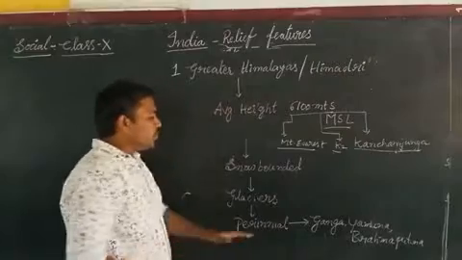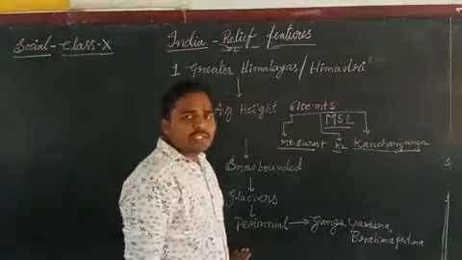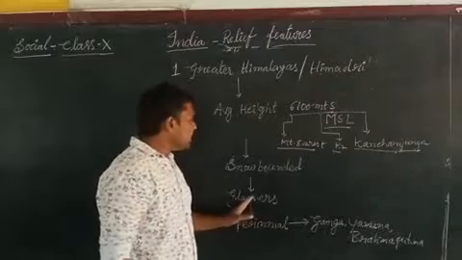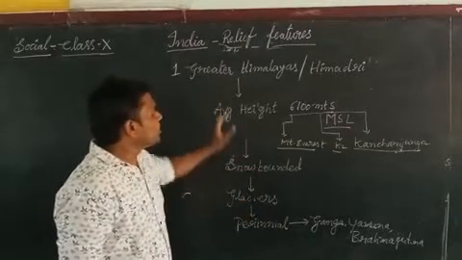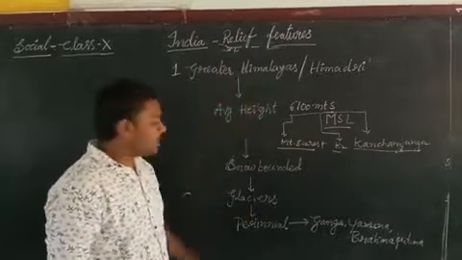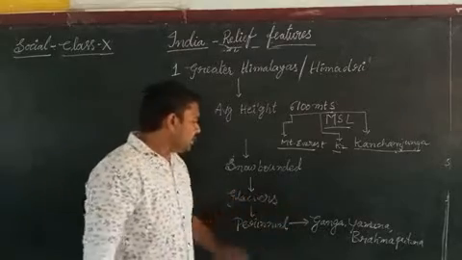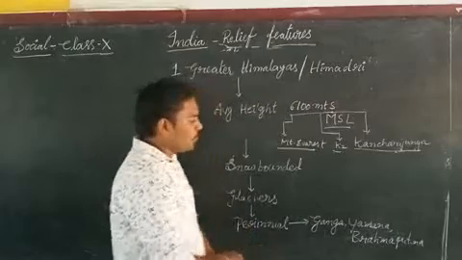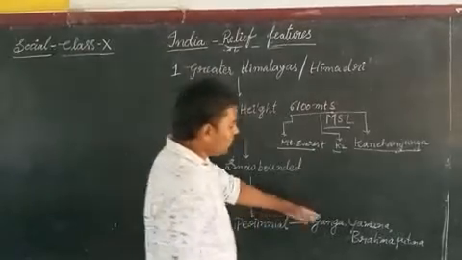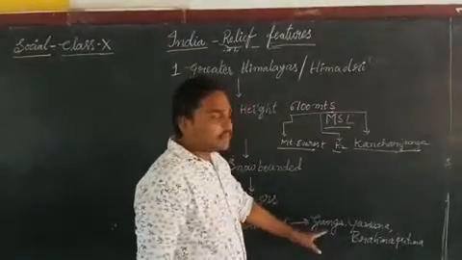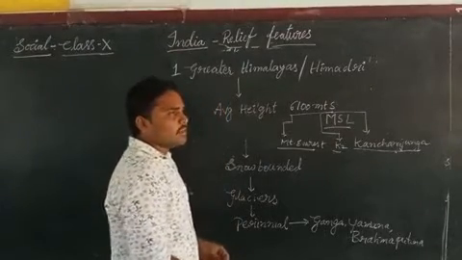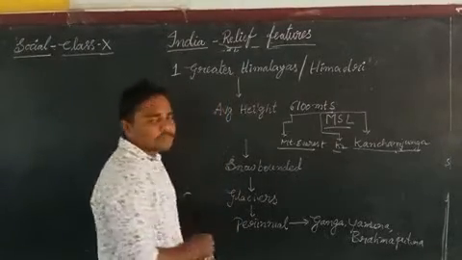These are the famous perennial rivers which are formed due to the melting of ice present in the snow-bounded region of the Greater Himalayas. Due to these perennial rivers, Indian cultivation is very well grown.